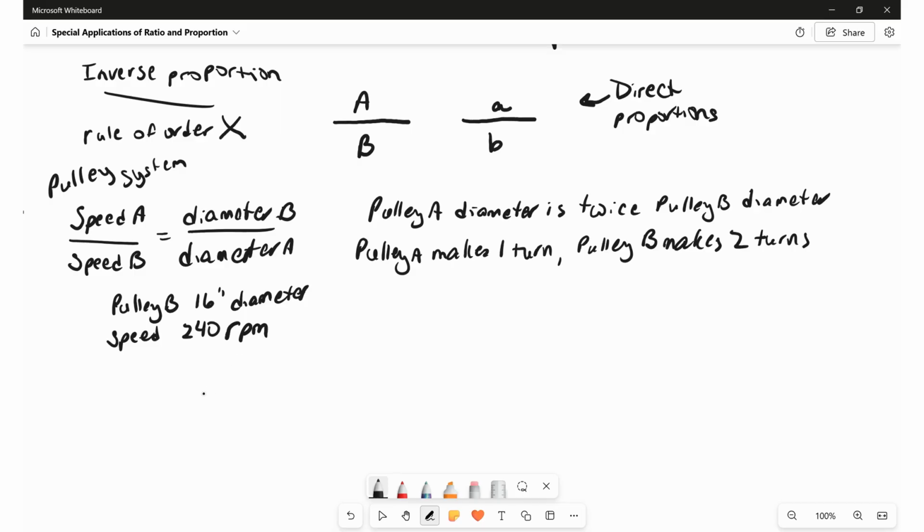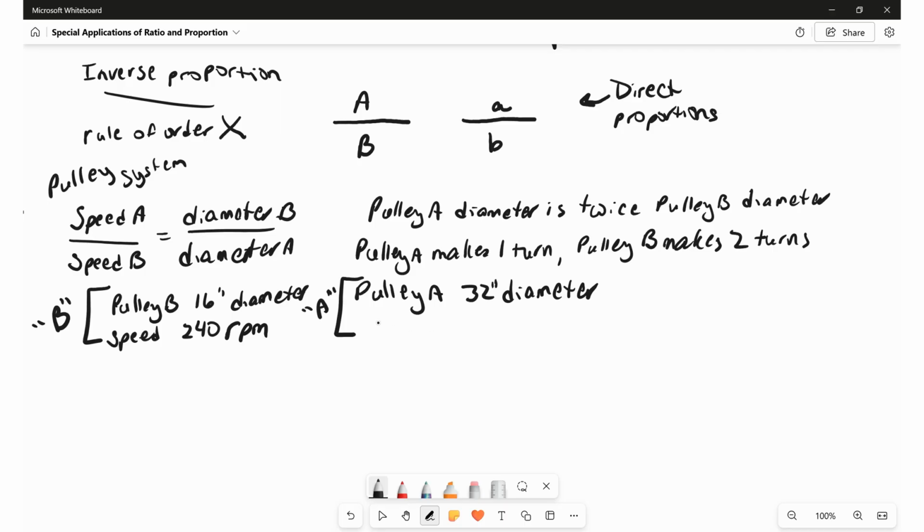Well, in this case, that means that the pulley A would have a 32-inch diameter. Okay. And because this is an inverse proportion, because both of these are like the B's and these are like the A's.